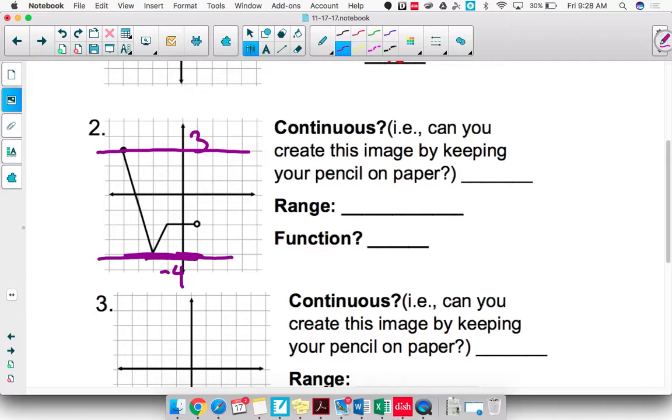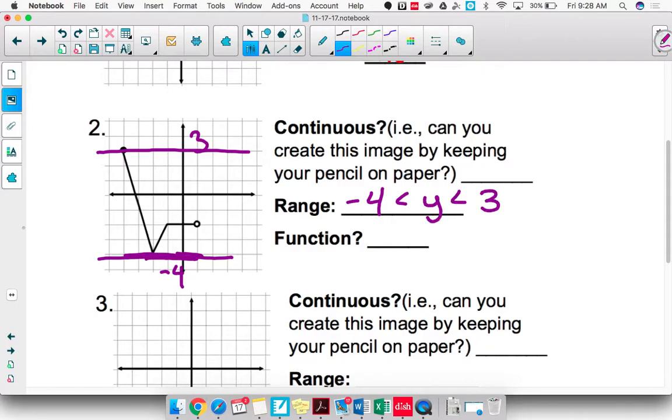So 3 is the upper value. -4 is my lower value. I'm going to rewrite that so it's a little cleaner. Lower value is -4. Upper value is 3.